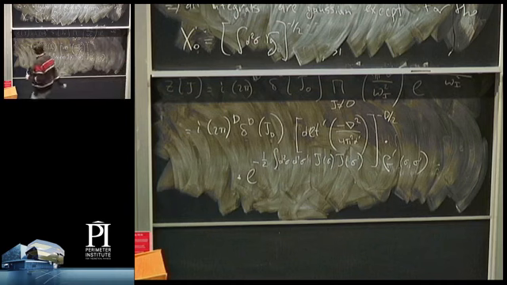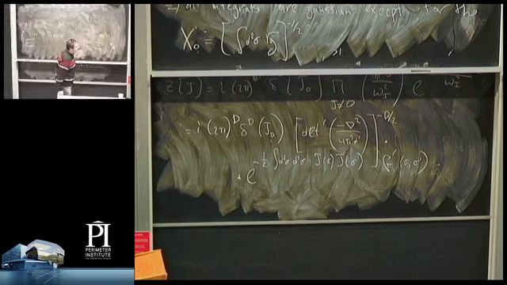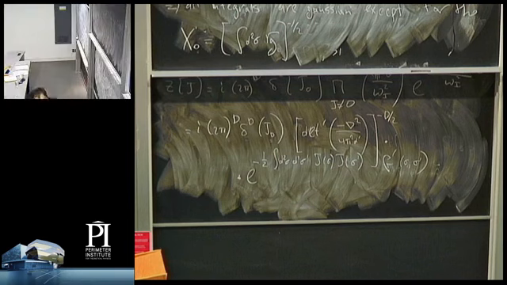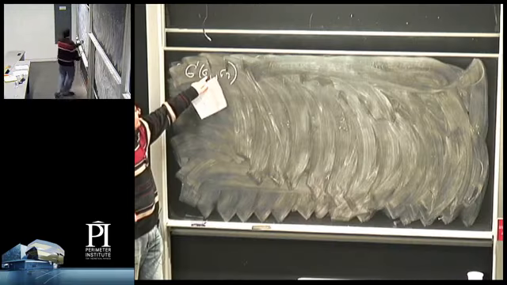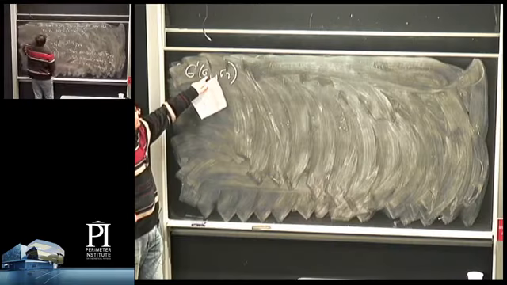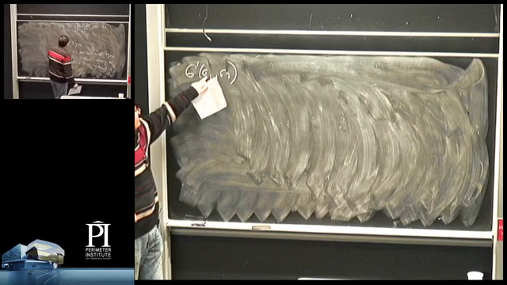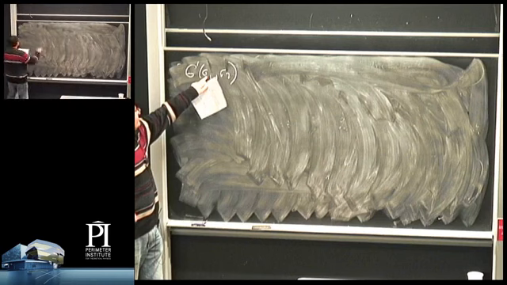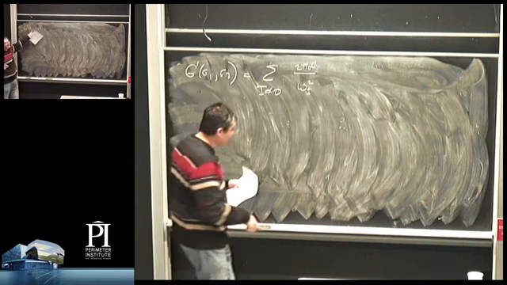So what do I mean by that reduced Green's function? By the way, here σ_1 and σ_2 are just indices, right? 1 and 2 are indices.